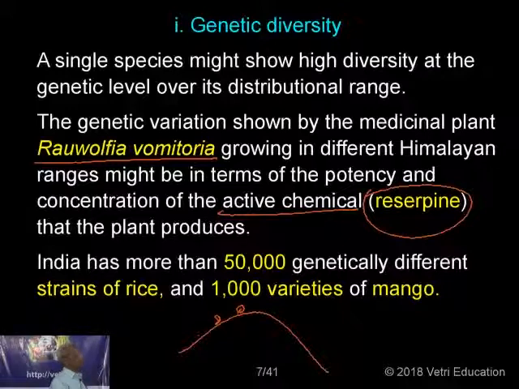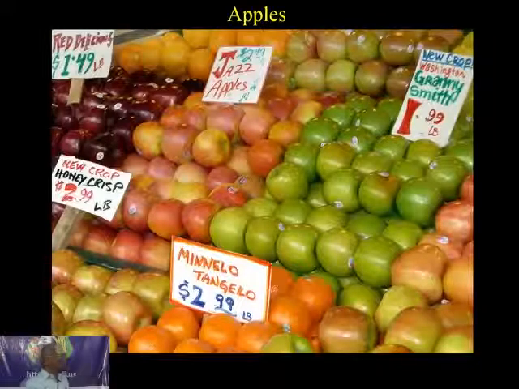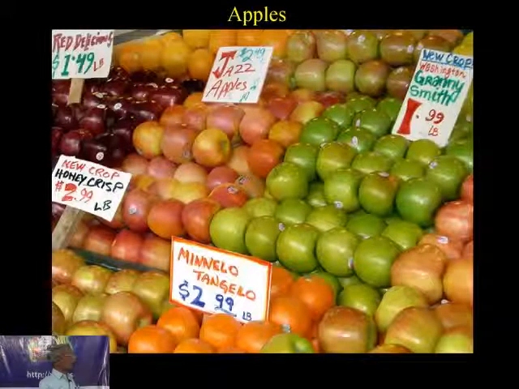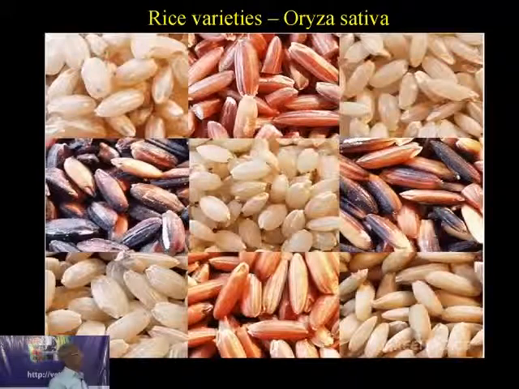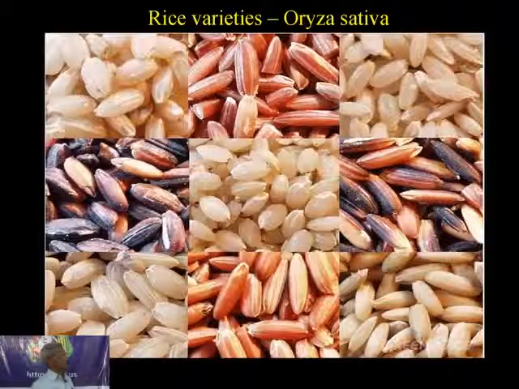So these are some very good examples of genetic diversity. See this beautiful slide. See how many varieties of apples I have presented before you because of genetic diversity. See how many varieties of rice there are. You have red rice, black rice, and so many other rice varieties. See, these are all genetic variations, okay? Genetic biodiversity.